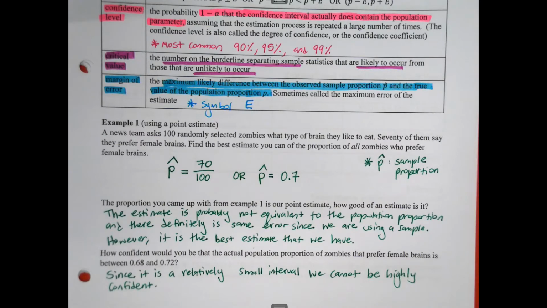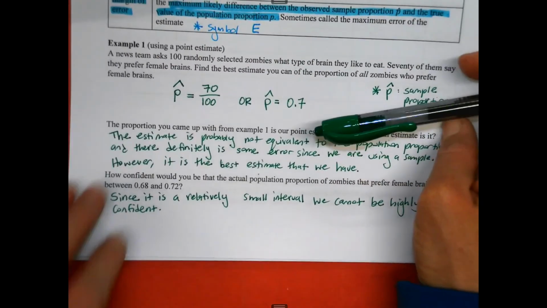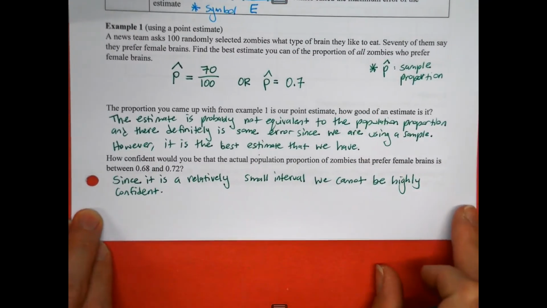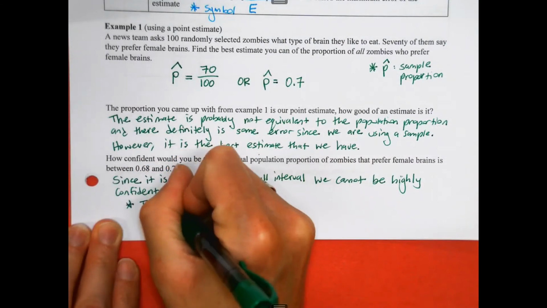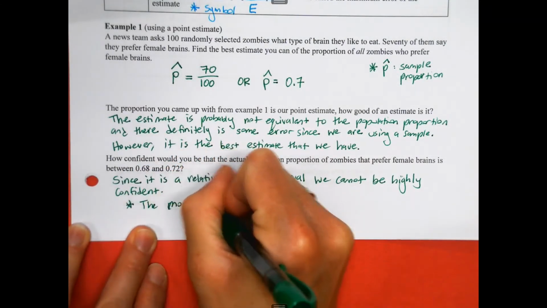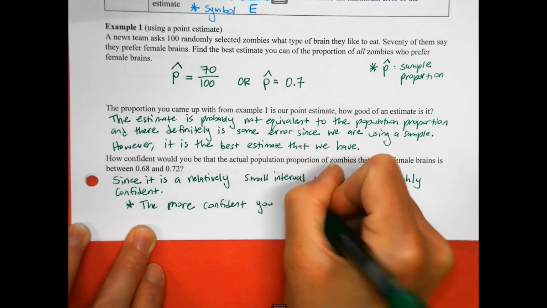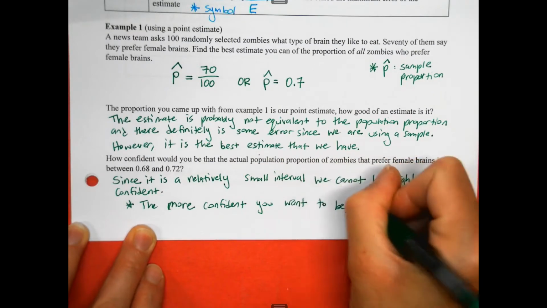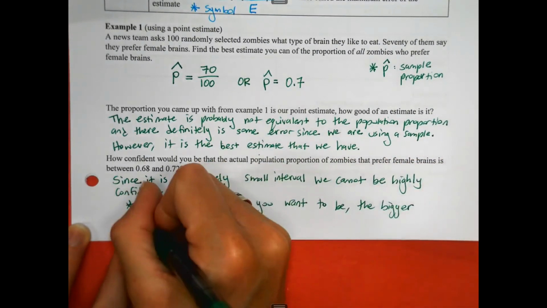However, the smaller our interval is, the more accurate we have. So we have to kind of battle between this: how confident do we want to be, and how accurate do we want our information to be. I'm going to make a note here that says the more confident you want to be, the bigger your interval needs to be.